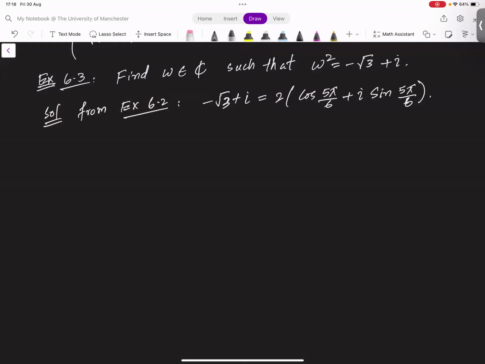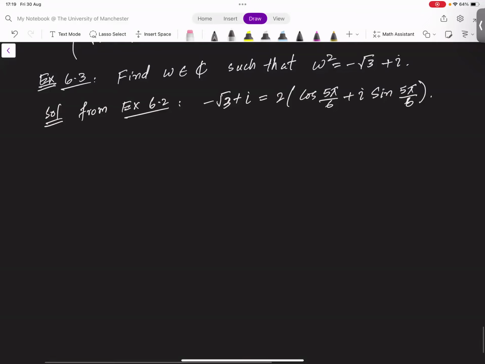So if we define W, then W is going to be under root 2 cos 5 pi over 2 into 6 plus iota sine 5 pi over 2 into 6. Okay.